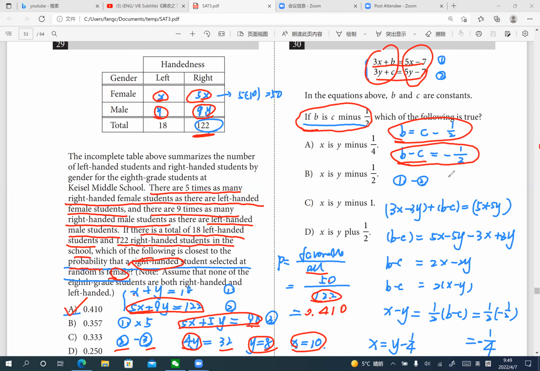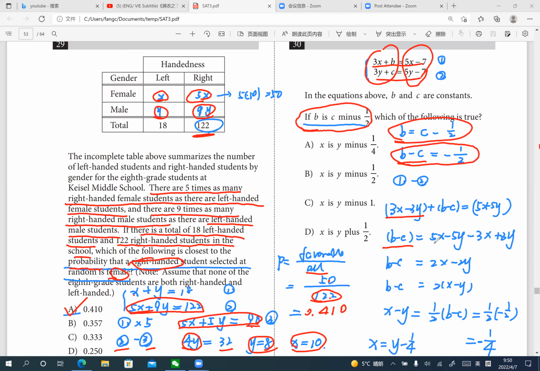We rearrange this equation again. We move 3x and minus 3y to the right and flip the sign. We get b minus c equals 5x minus 5y minus 3x plus 3y.